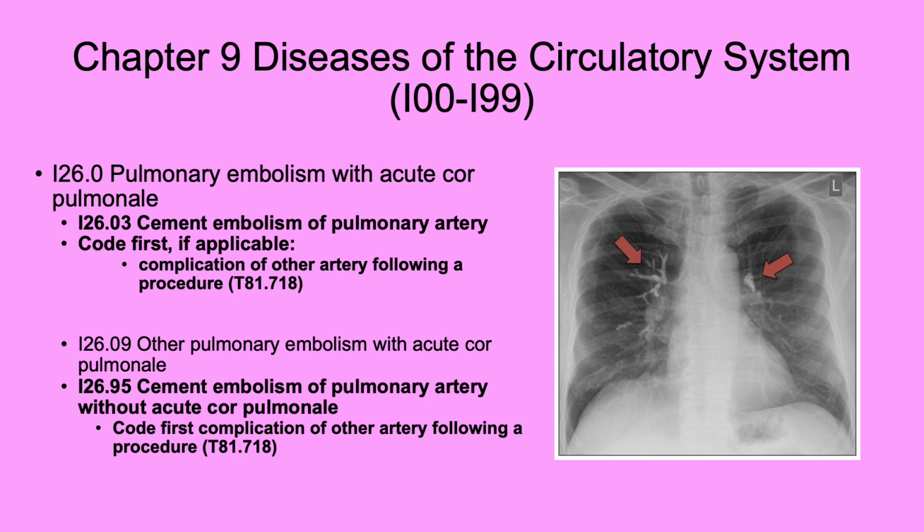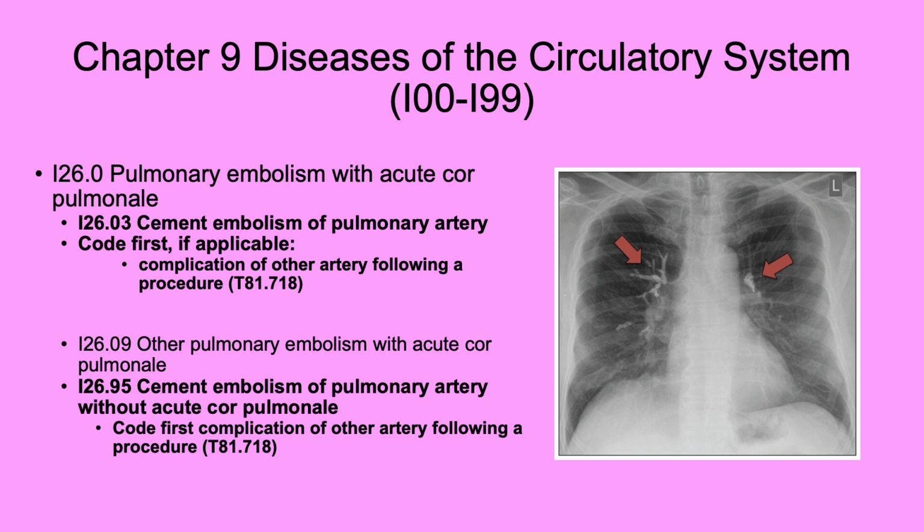Also in chapter 9, I26.0, pulmonary embolism with acute cor pulmonale, I26.09, cement embolism. When I looked this up, I went, oh my God. Cement used in vertebroplasty or kyphoplasty leaks out and enters the venous system and travels to the lungs. So you get a repair of a vertebrae.